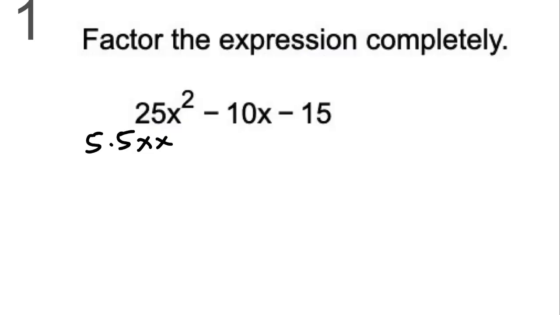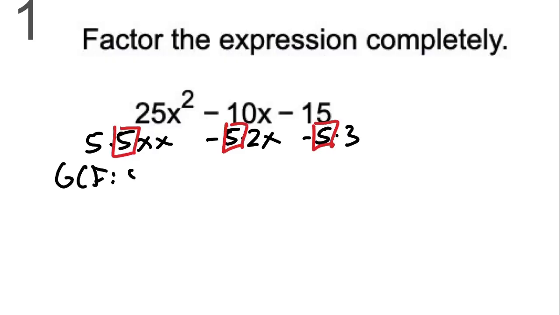Negative 10x breaks down to negative 5 times 2 times x, correct? And negative 15 breaks down to negative 5 times 3. Okay, so what's a common value that they all share? 5. They share a 5, they share a 5, they share a 5. So that means my greatest common factor is 5.